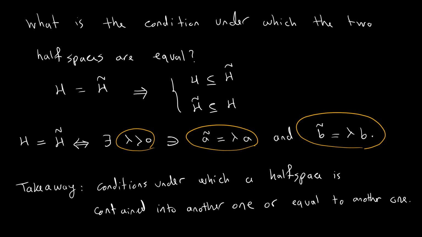And that concludes the solution for the problem. The takeaway for that problem is that we realize under what condition a half space is contained in another one or equal to another one.